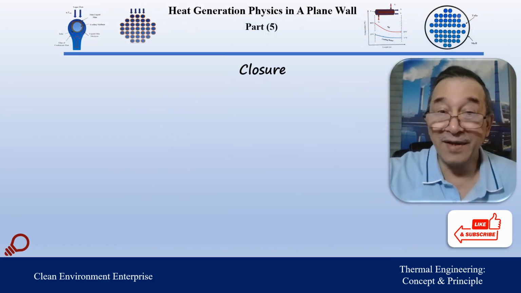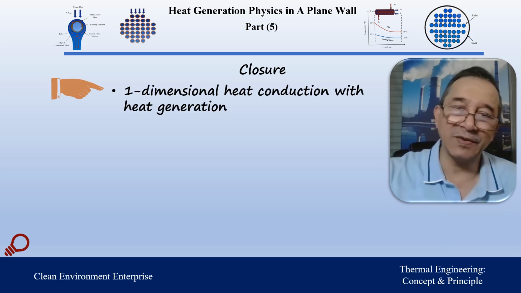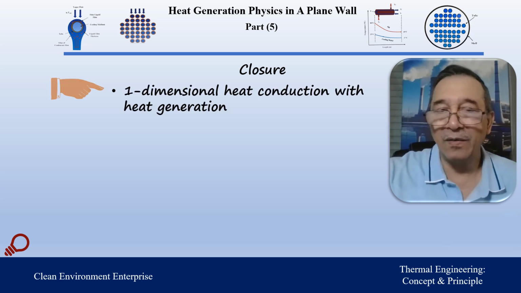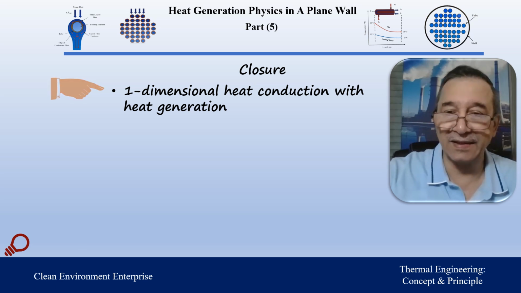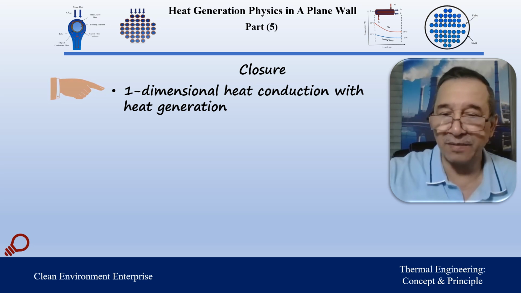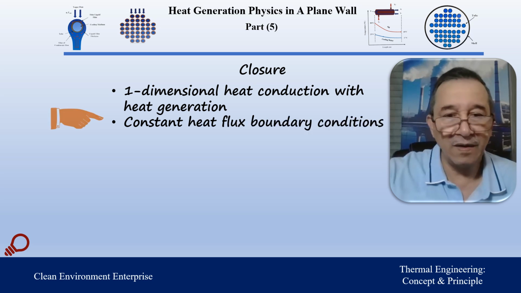Now we have the last part of the episode, which is the closure. We have passed through one-dimensional heat transfer under steady state conditions where the wall is experiencing heat generation per unit volume.